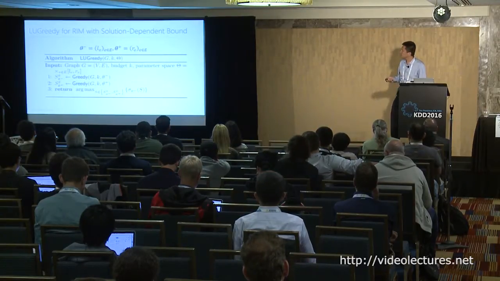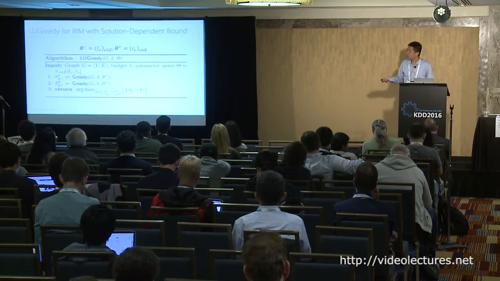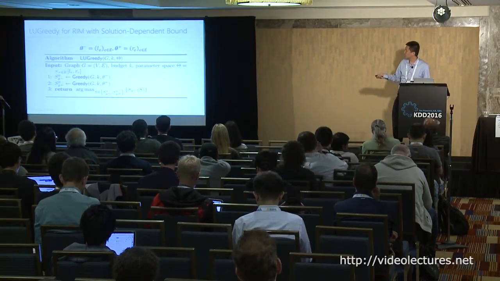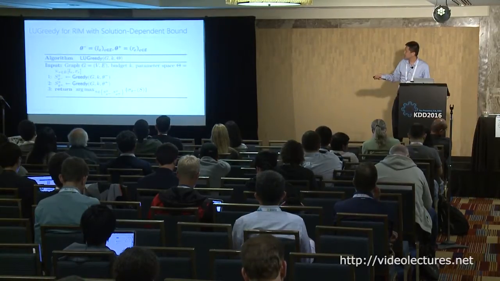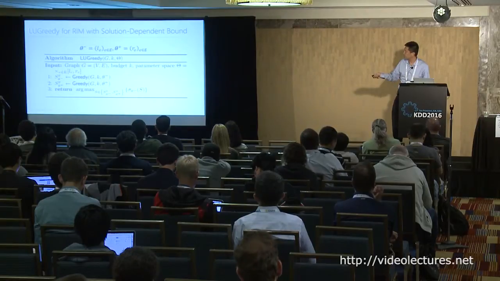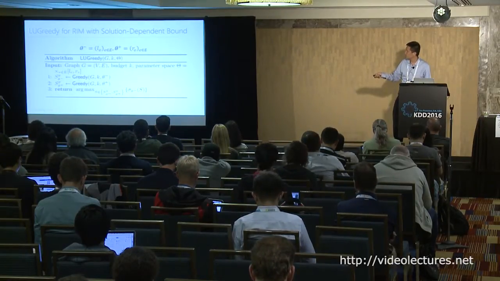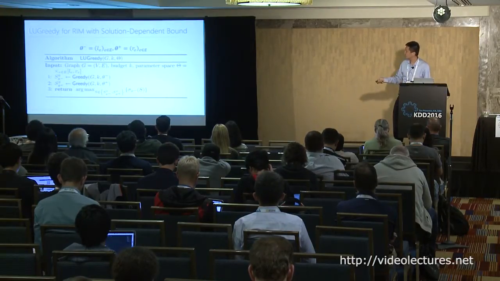We call it LU greedy. And it's very simple, actually. So basically, we are given an interval space. And each interval has a left end and right end, call it left end value, right end value, or lower or upper value. So you first do a greedy using a standard greedy algorithm, any state-of-the-art scalable algorithm.